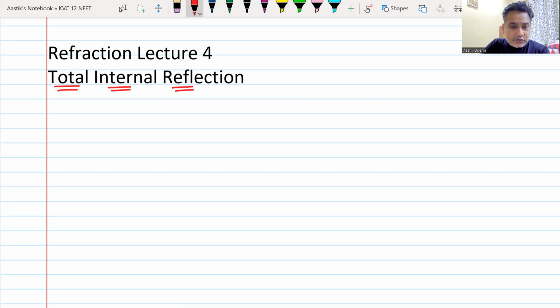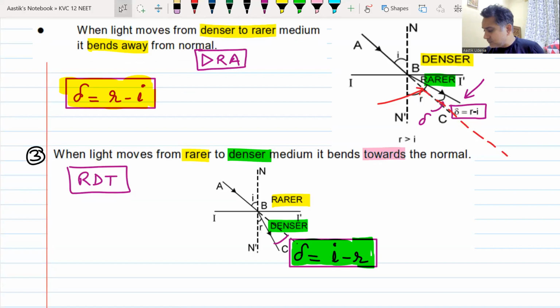We had seen what we mean by refraction. Refraction is the bending of light rays as it travels from one medium to the other medium. A denser medium is a medium where the speed of light is slow. A rarer medium is a medium where the speed of light is fast. Yes or no? We understand this?